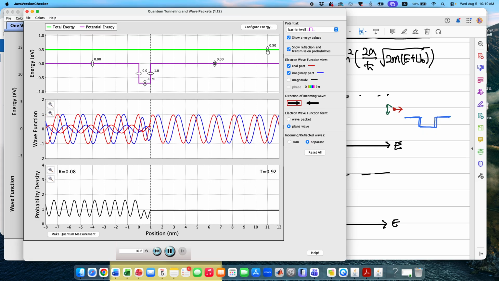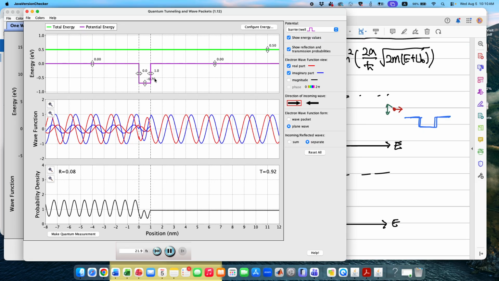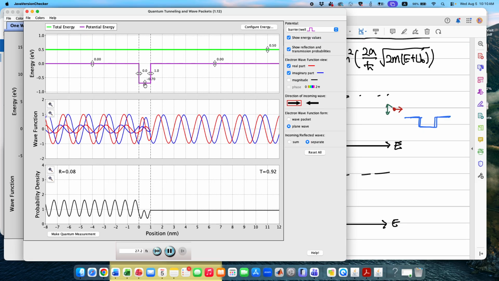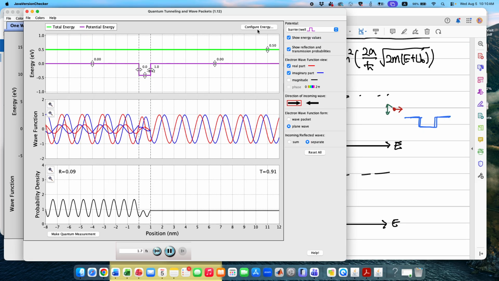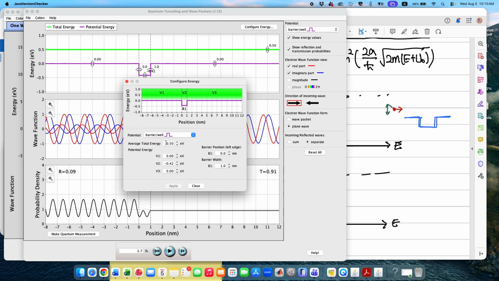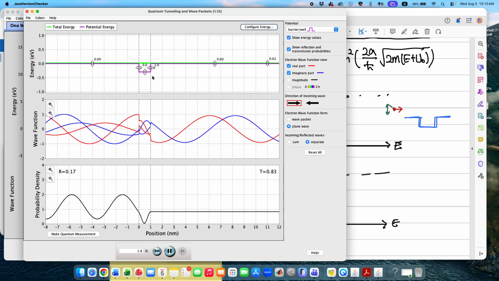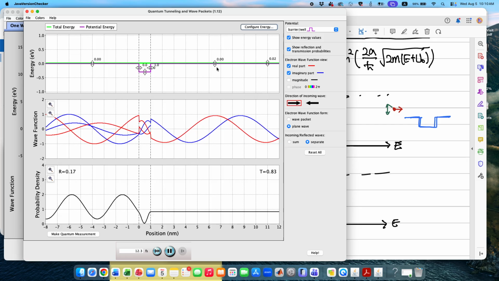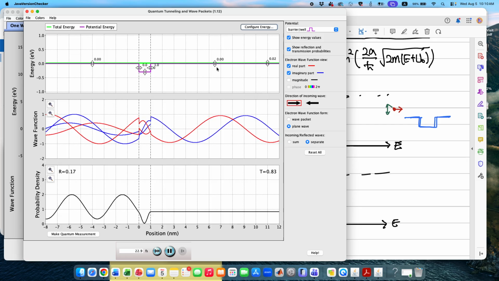Another thing we can look at is what happens if I decrease the wall height. Let me change the particle energy, let's say 0.02 electron volt, and the wall height I'm going to change to 0.3, like this one, okay? So the wall height is smaller, and the particle energy is just barely above the top of the well. In this case, transmission is 83%, okay?